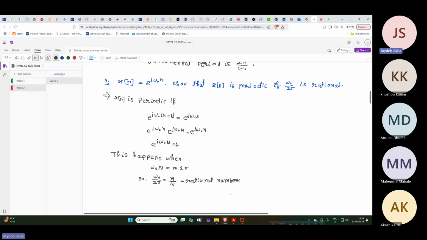Okay, fine. If it is not a rational number, then it will not be periodic. And that type of example we will also see in upcoming problems.